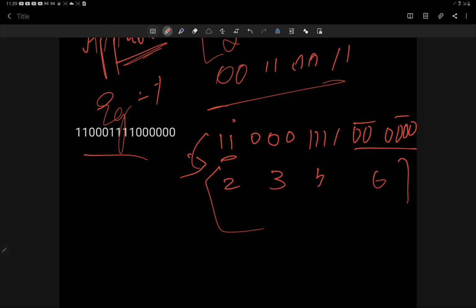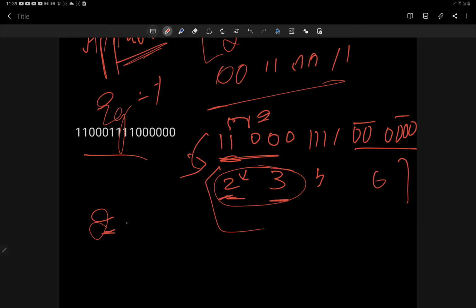Now if we are going to make a pair between these two, how will we make it? One pair would be this, and another pair would be this. So how can we get this? This is 2, and this is also 2. This means that when groups are consecutive, by grouping we look for the minimum number.